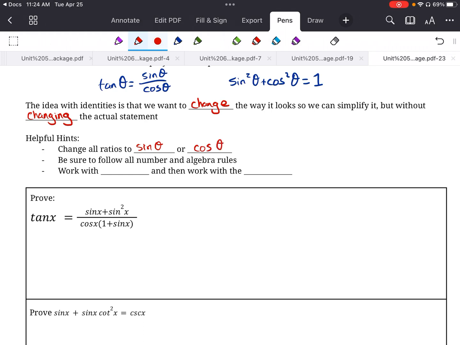So if it's in tan, cotan, secant, change it into sine and cos if you can. Be sure to follow all number and algebra rules, meaning BEDMAS, even quadratics we'll get into, and work with the left side, then work with the right side. So we're doing it separately.